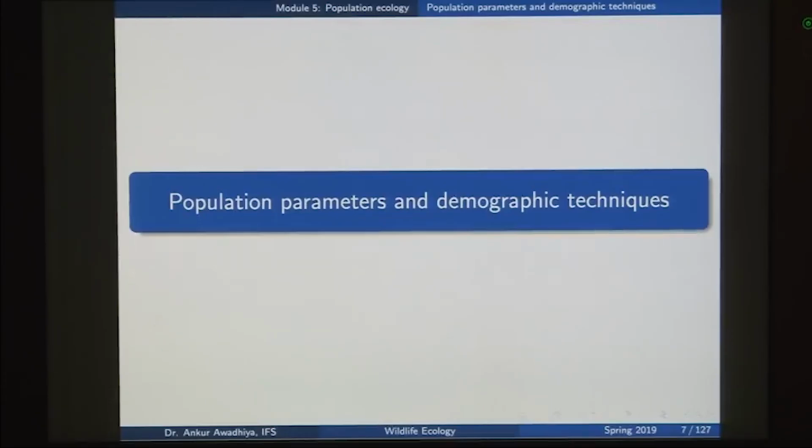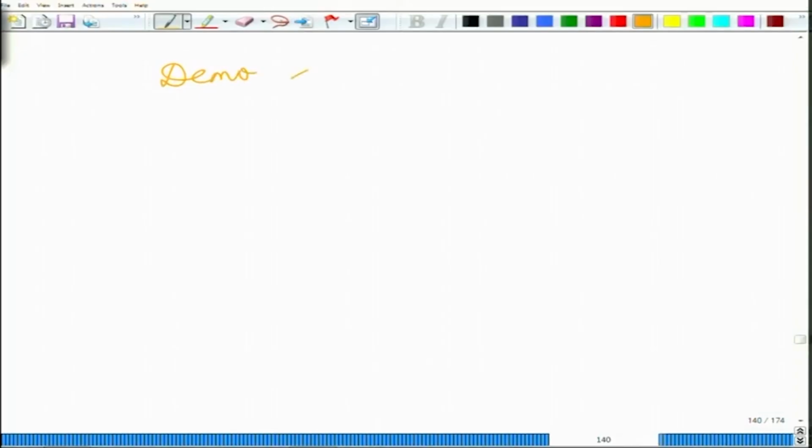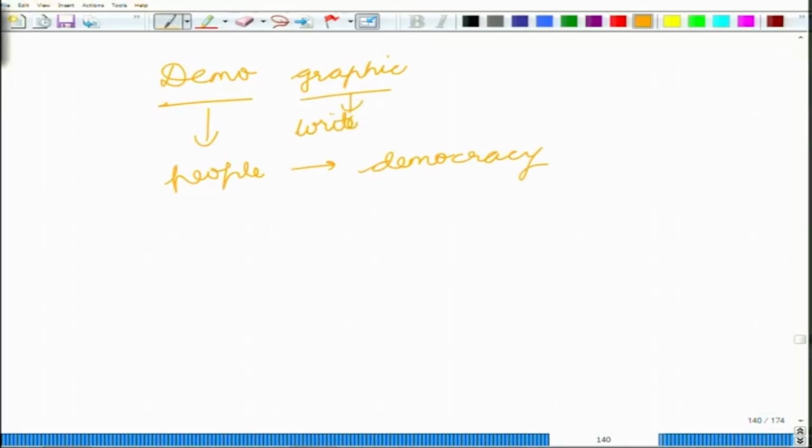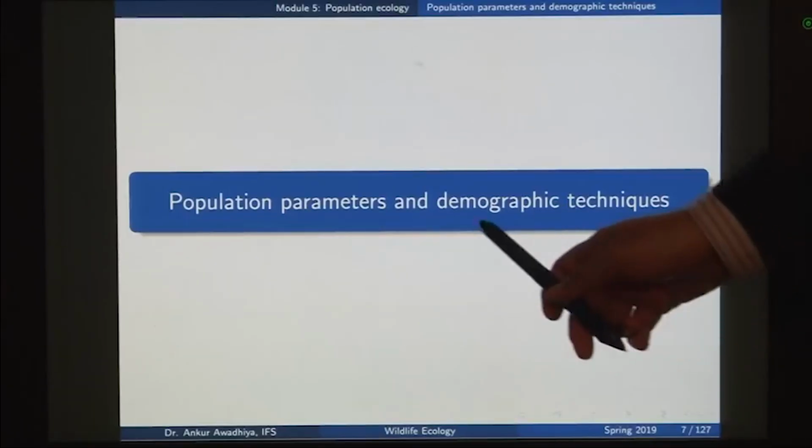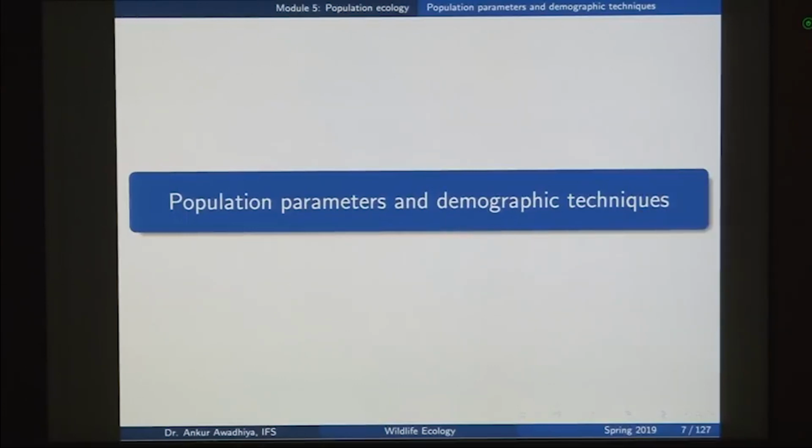So when we say demographic, demo is people, as in the case of democracy, which is the rule of people. Graphy is to write. So here we want to ask the question, what are the methods through which we can write about the population? That is a demographic technique.